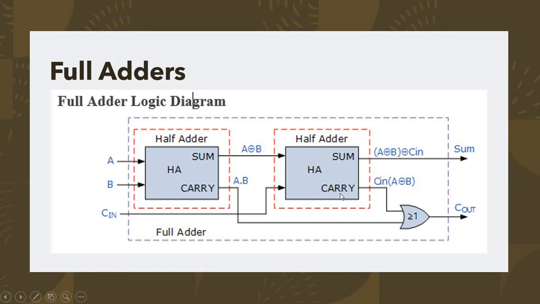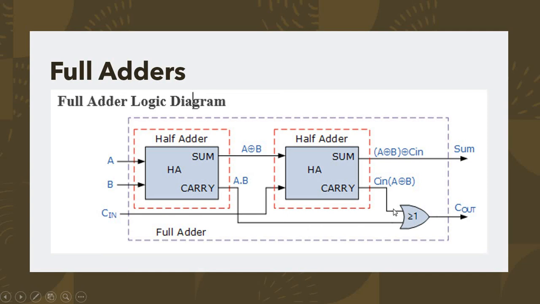And for the carry, there will be two carries here to be ORed. This one is the carry from A and B, the result of your inputs A and B here. Then that will be ORed with the carry of the C-in and A XOR B, which is ANDed with the C-in.